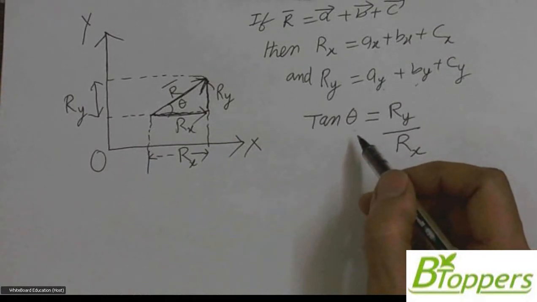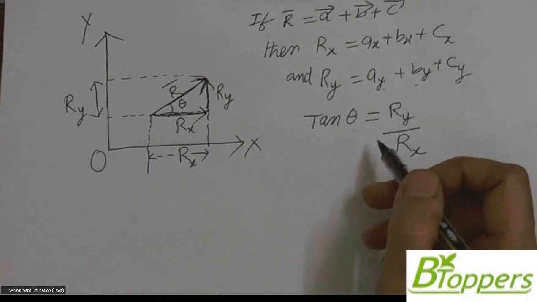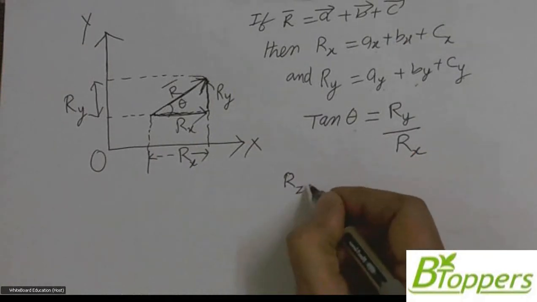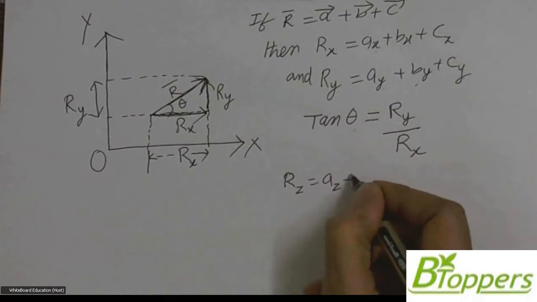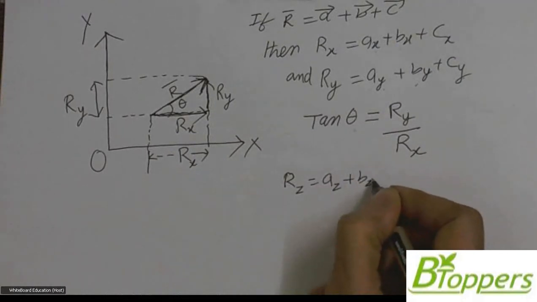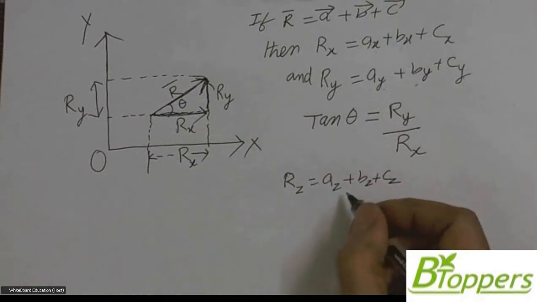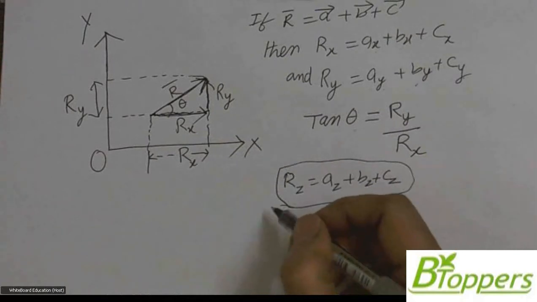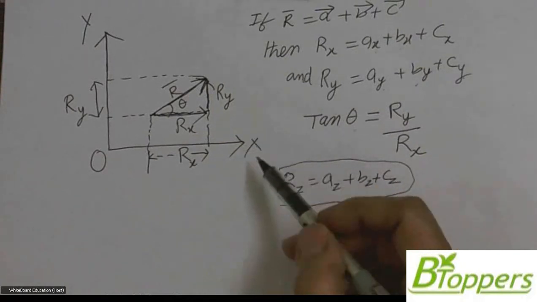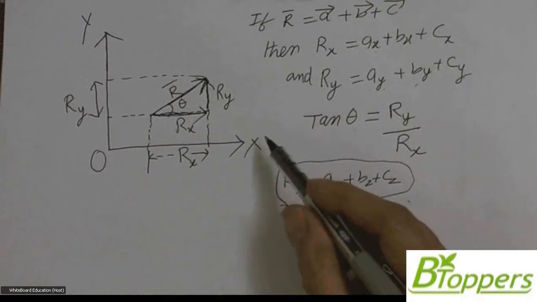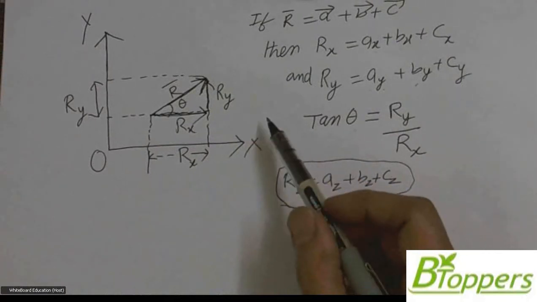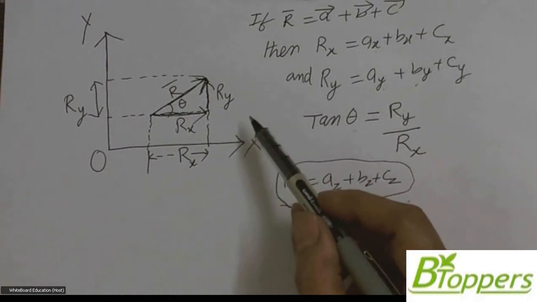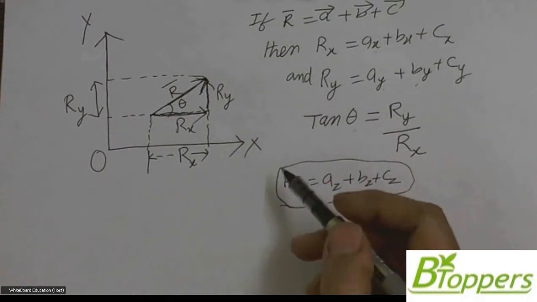That means if you consider the vectors in three-dimensional space, then z component of the resultant vector can be written as Rz equal to Az plus Bz plus Cz. But at present, mostly all the applications which I am going to discuss are based on coplanar vectors. That means we discuss those problems where the given vectors lie in a single plane.